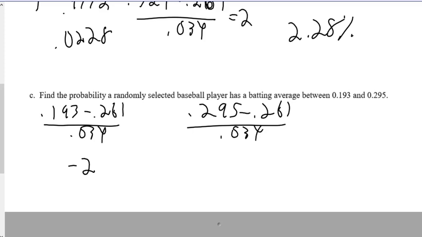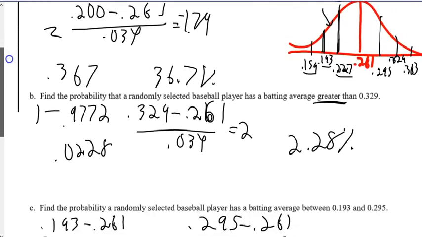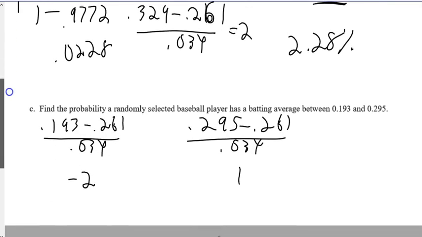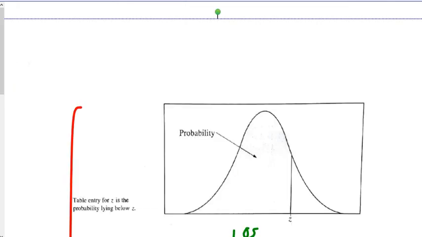And then 0.295 minus 0.261 divided by 0.034, that gives us a z-score of 1. All right? So we're going to look up those two areas and subtract them.